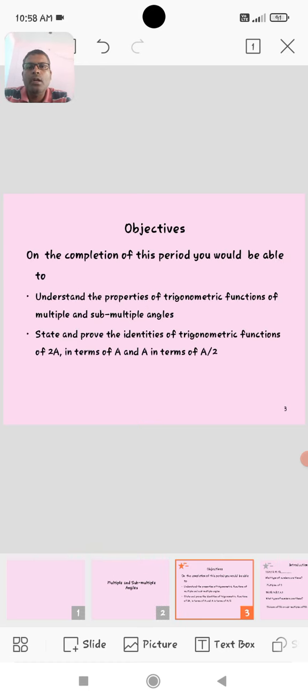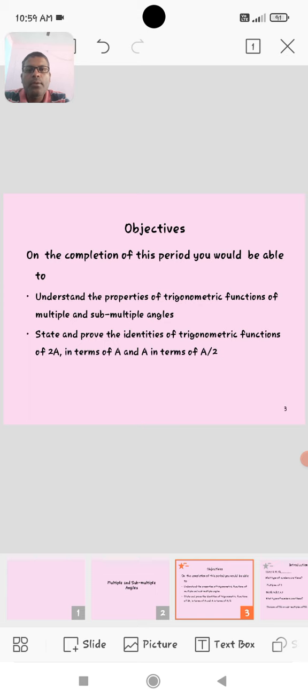Here you observe the objectives. On the completion of this period, you would be able to understand the properties of trigonometric functions of multiple and submultiple angles, and state and prove the identities of the trigonometric functions of 2A in terms of A and A in terms of A by 2.